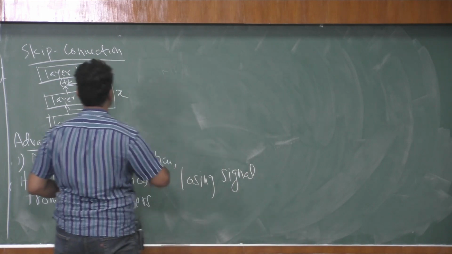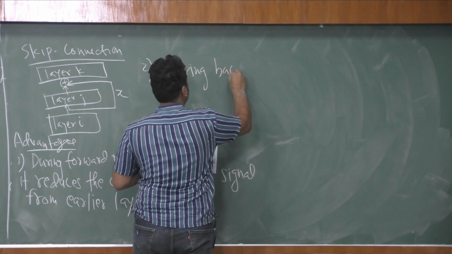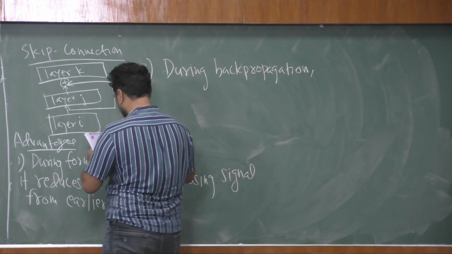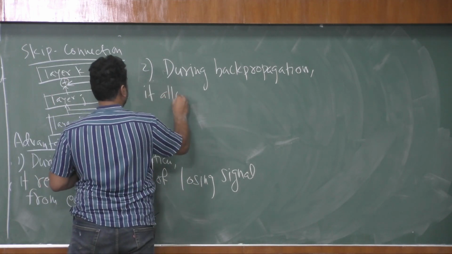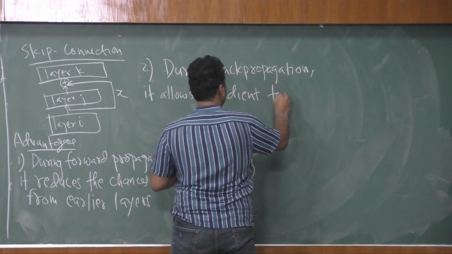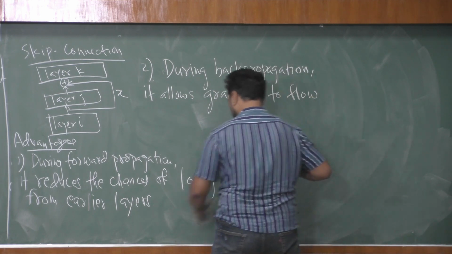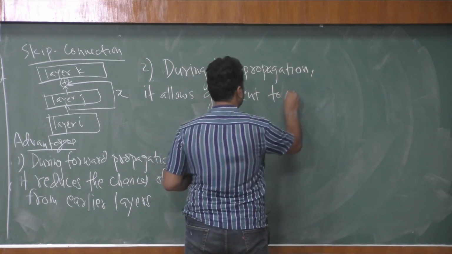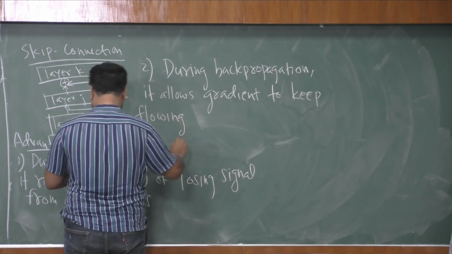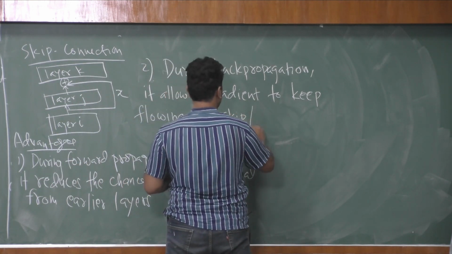The second argument behind this is that during back propagation, it allows gradient to keep flowing on skip or residual connections.